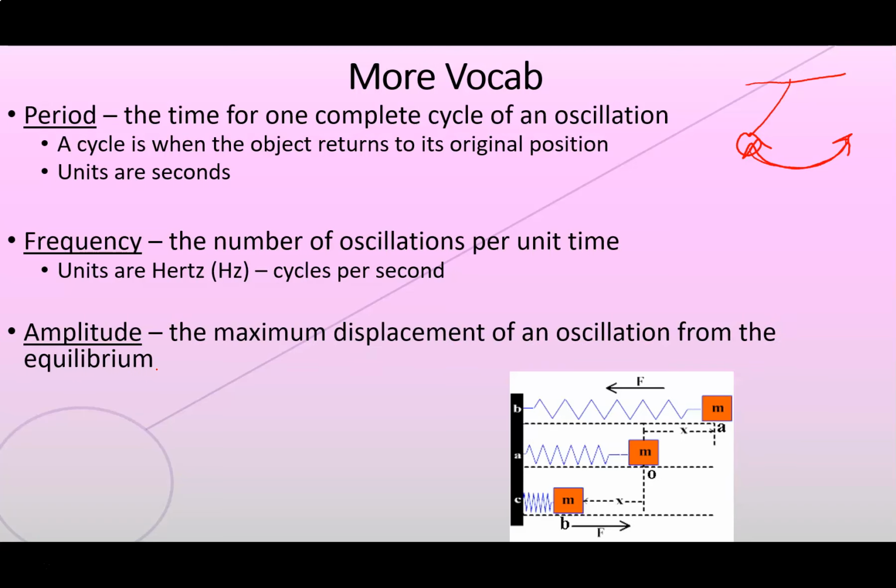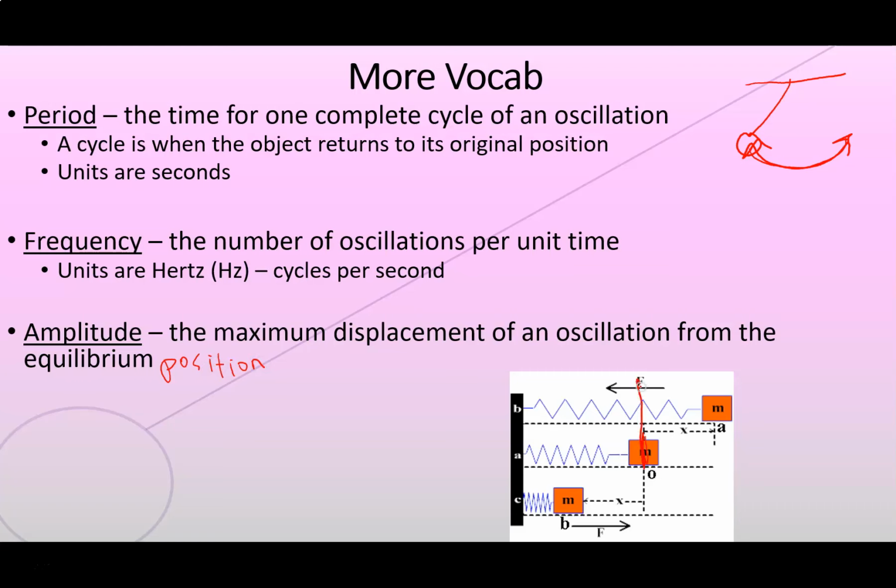Last piece of vocab here. The amplitude is the maximum displacement of an oscillation from the equilibrium, and that should say position. From the equilibrium position. So you can see in this diagram here, so this right here is the equilibrium position. So this distance right here is the amplitude.